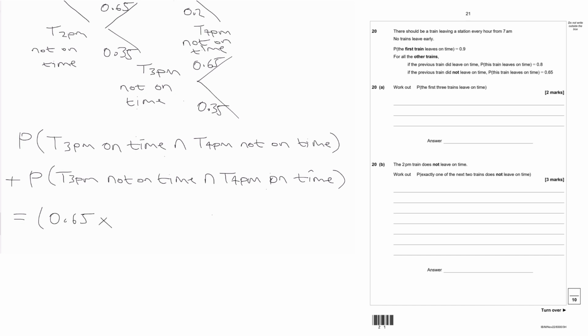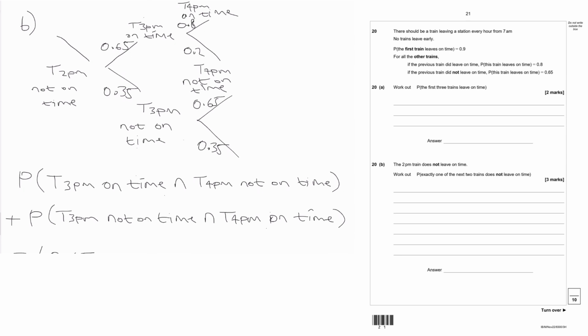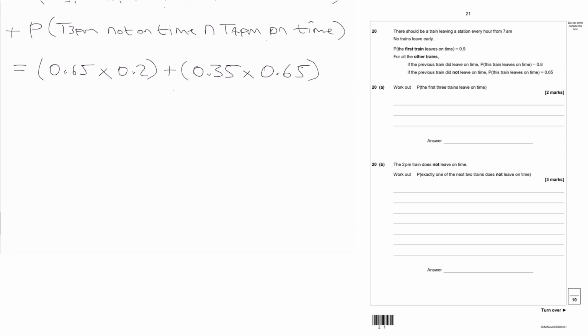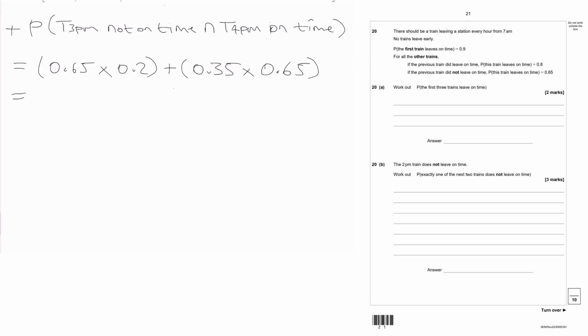And this is going to be times the probability that the train at 4 p.m. is not on time, which is 0.2, plus the probability that the train at 3 p.m. is not on time, which is 0.35, times the probability that the train at 4 p.m. is on time, which is 0.65. So we just need to calculate this value now. And when we do that, we get 0.3575.